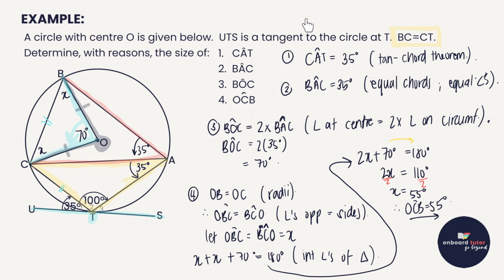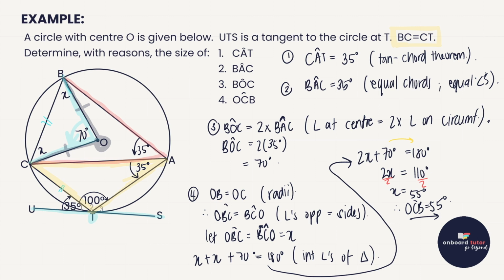We already used the tangent. We hadn't technically used the fact that O was the center yet, but we also hadn't used that BC was equal to CT. And so then it immediately springs to mind that there is a helpful theorem there: if you've got equal chords that subtend angles at the circumference, then those angles are equal.